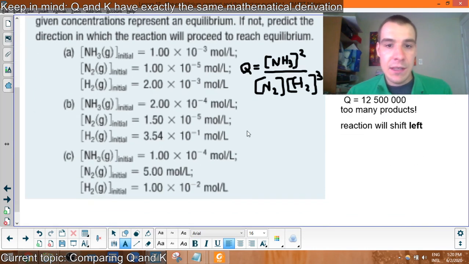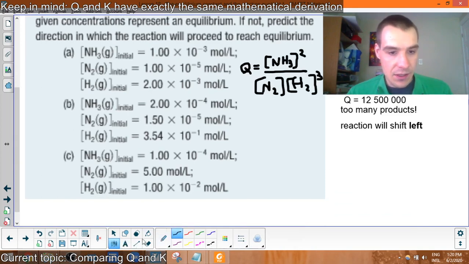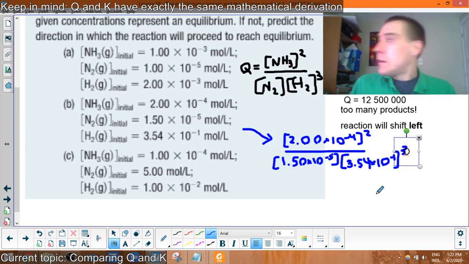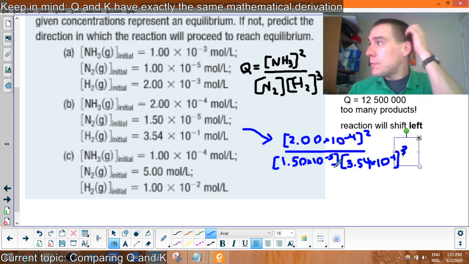Okay. Same thing for this one here. We're going to calculate it. For this one, we're going to change colors here, maybe in blue. Right? It's the same equation. So now it's going to be 2 times 10 to the negative 4, and so on and so forth. I'll pause and get that written out so that you guys don't have to watch me write. So here we are. I've written it out in blue.